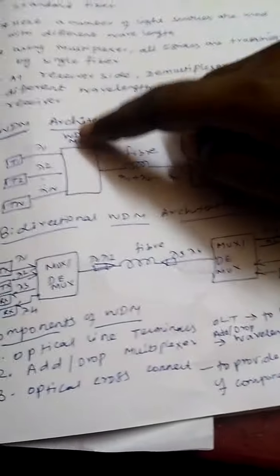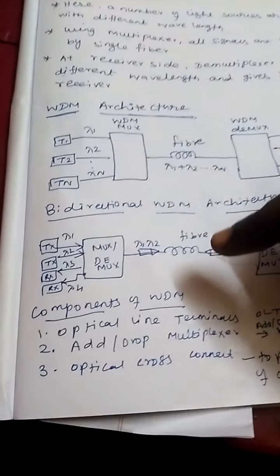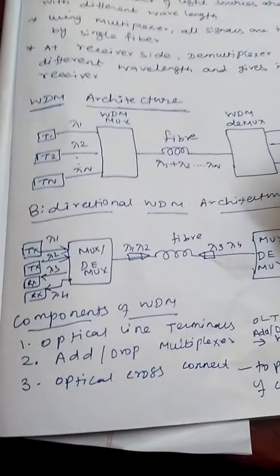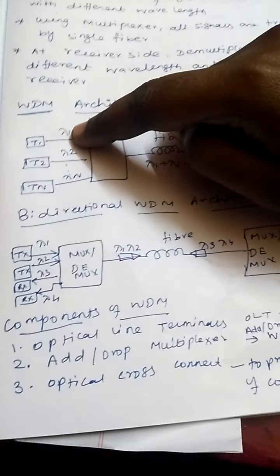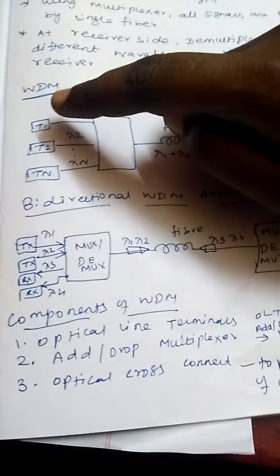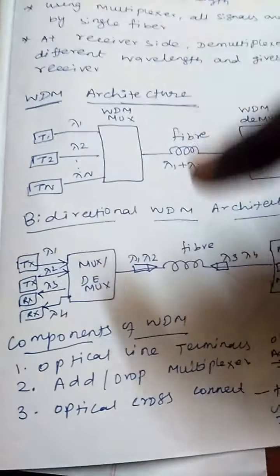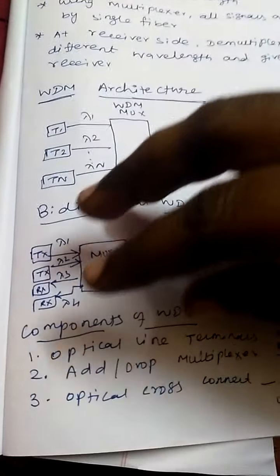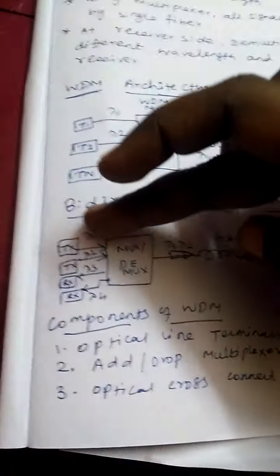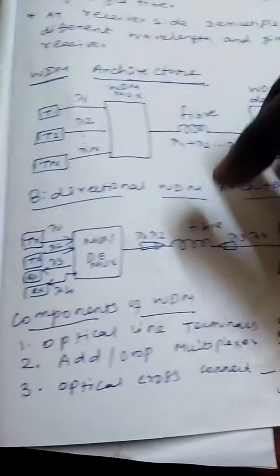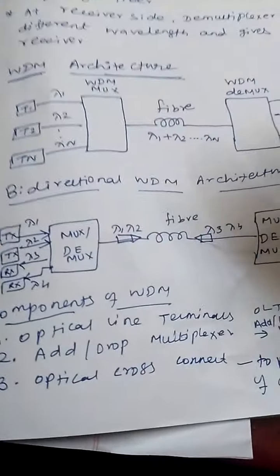Now this is the bidirectional WDM architecture. The difference between WDM architecture and bidirectional WDM architecture: in WDM architecture we use T1, T2, Tn only in the multiplexer section, but in bidirectional we use both transmitter and receiver, which is why it is called bidirectional WDM architecture.